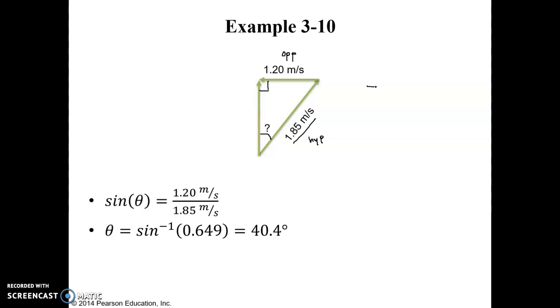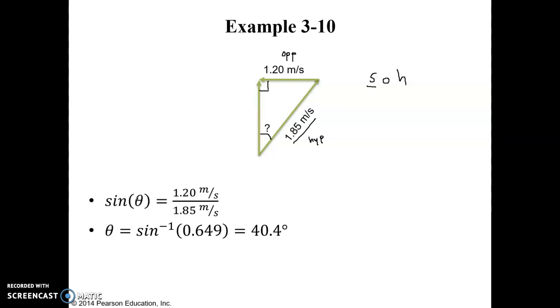So if we think of SOHCAHTOA, we've got O and we've got H. So that would be O or SO. So it's sine that we want to use. So sine of the angle, sine of theta, is the opposite side, 1.2, divided by the hypotenuse, 1.85. 1.2 divided by 1.85 is 0.649.